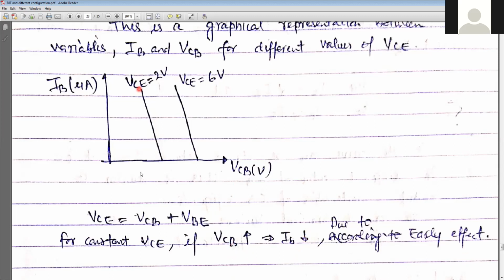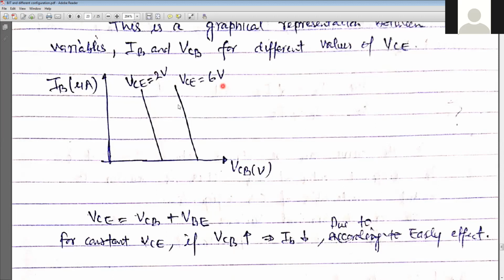And see that if I am increasing this VCB from here to here, my IB is reducing. So at this point IB is maximum, so VCB is minimum. When I'm increasing VCB, my IB is reducing, and that is for one constant VCE. For another constant VCE, it will take 6 volt.